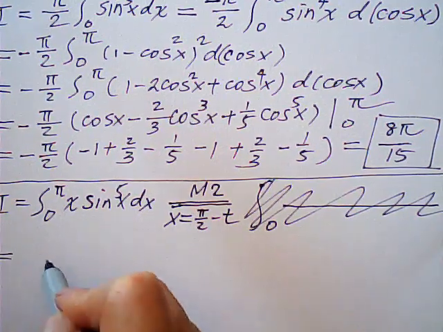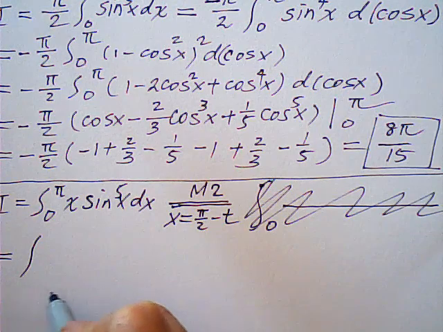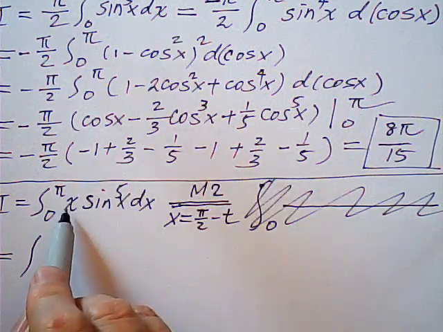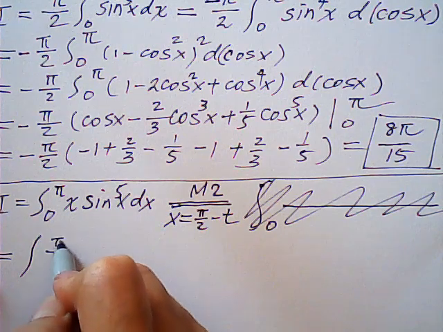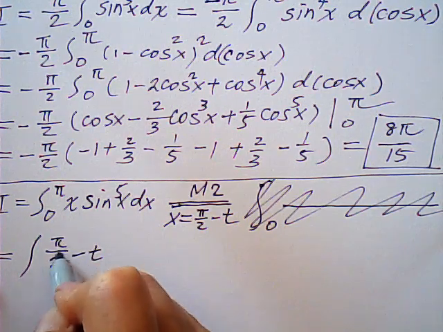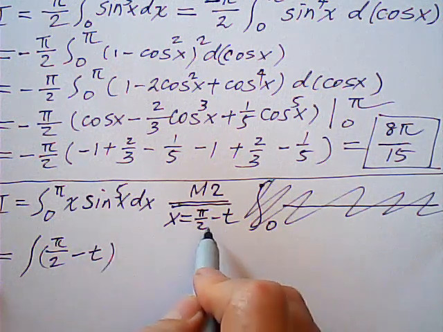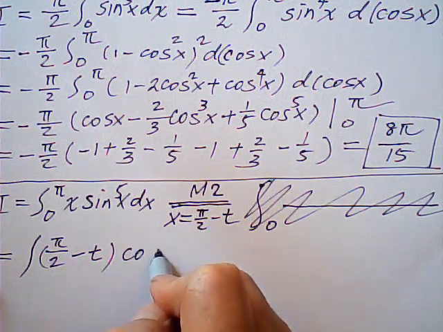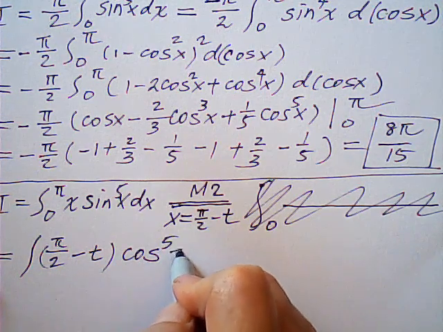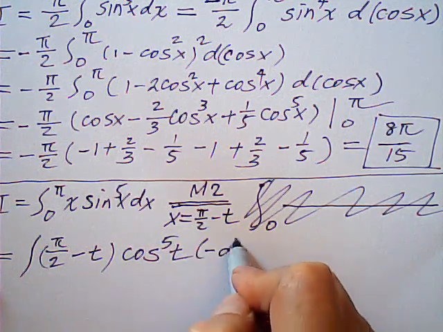This is equal to the integral, x is a half pi minus t, sine half pi minus t becomes cosine t and then negative dt.